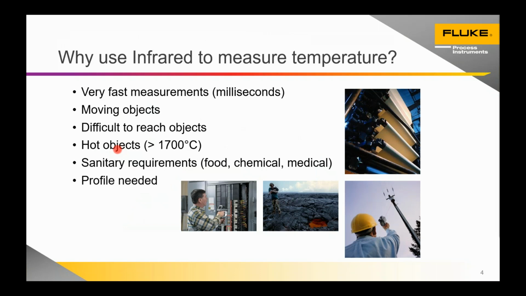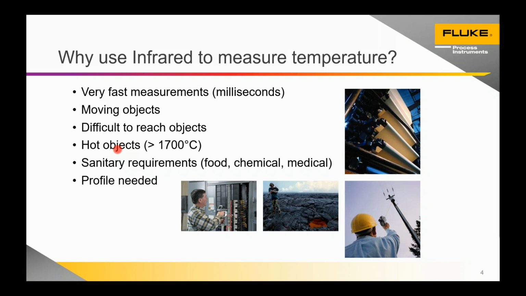Why use infrared? There's some good reasons to do it. Many times we have applications where we're replacing thermocouples, but generally infrared is used where other technologies can't succeed. So, very fast measurements. Some of our devices can measure in milliseconds. Some of our line scanning devices actually have response times in microseconds.